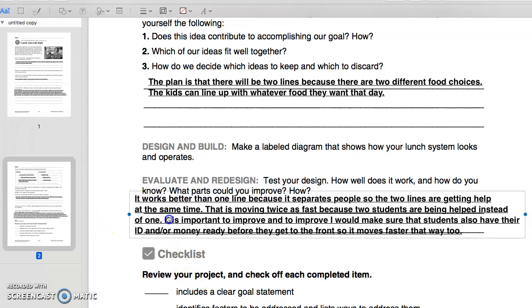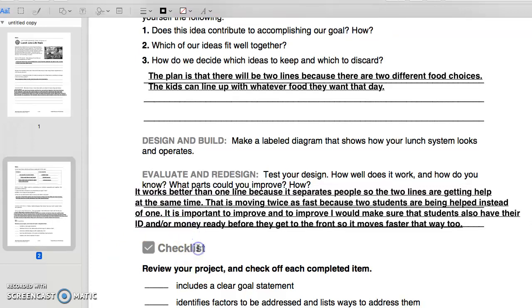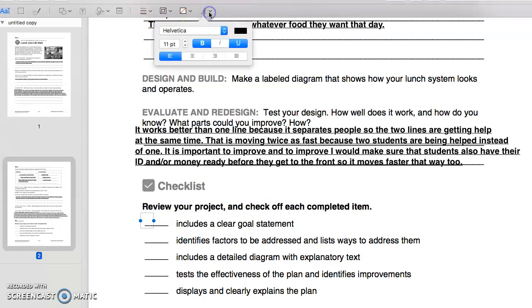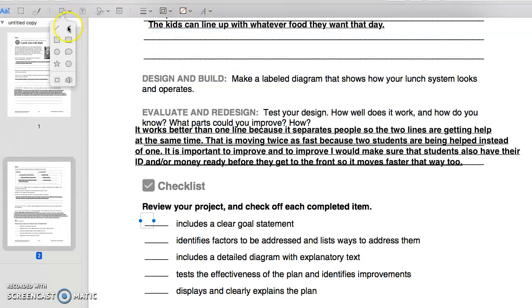Alright. Checklist. Does it include a clear goal statement? Yes, because our goal is to go faster and be able to do that. So mark that off.